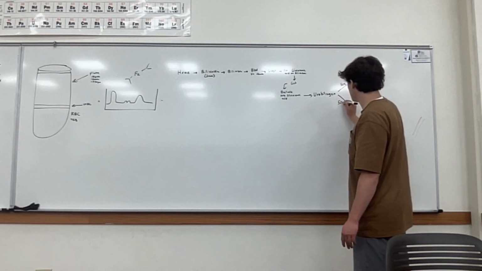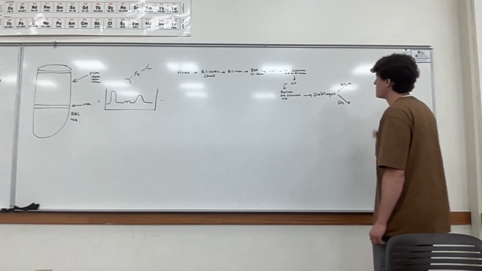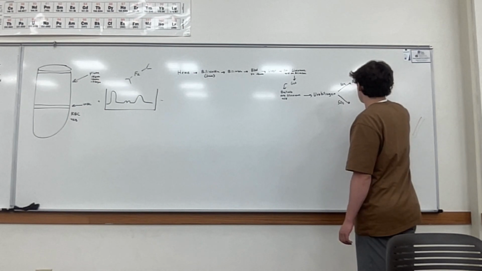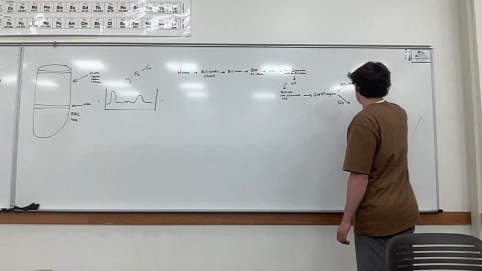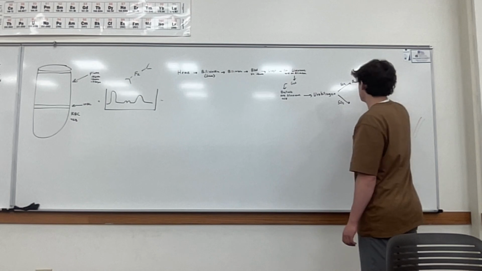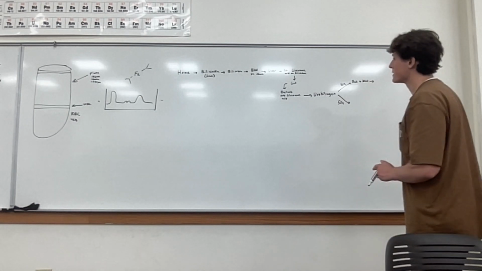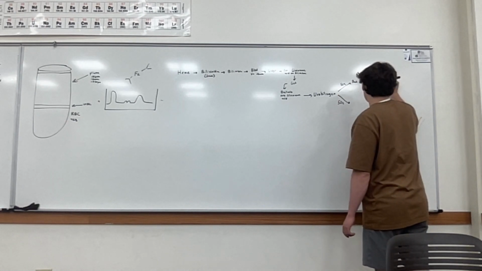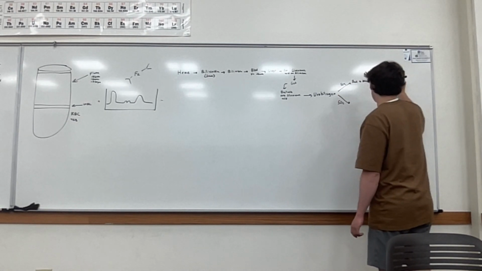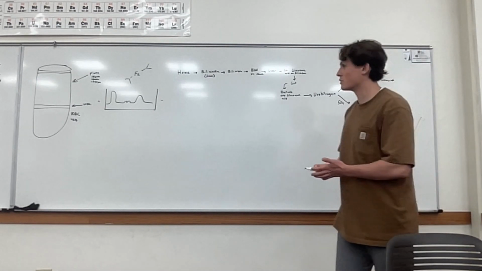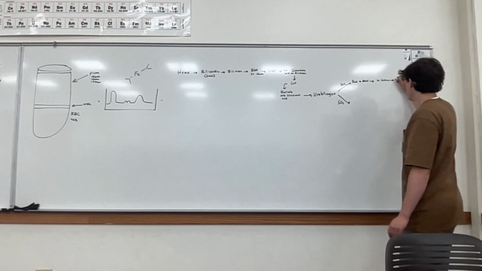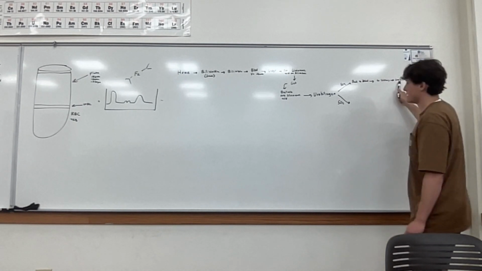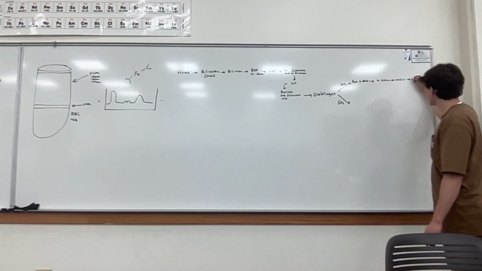So 50% is going to go back to our blood, to our kidneys, and it's converted into urobilin. Urobilin's got a yellow color, and that is excreted through urine.